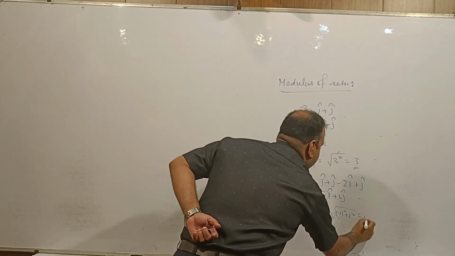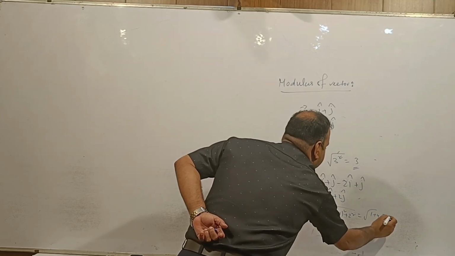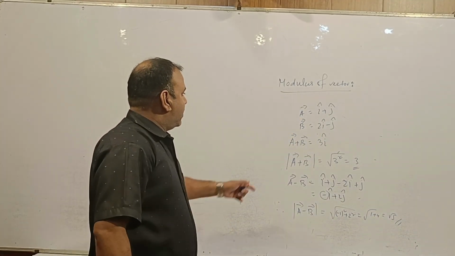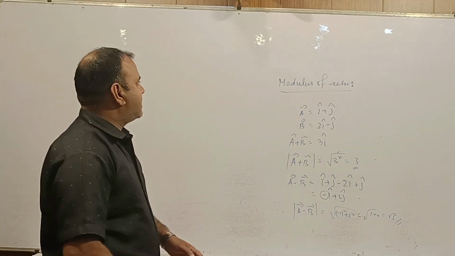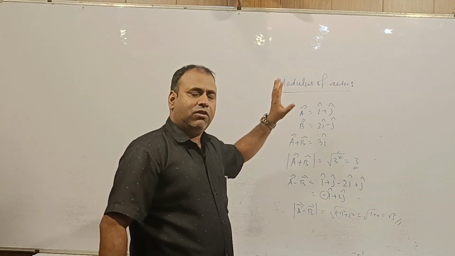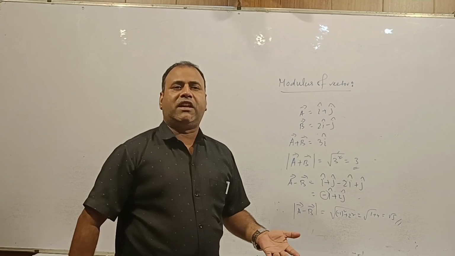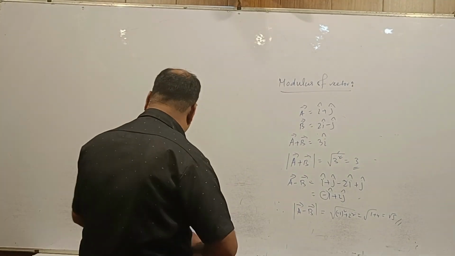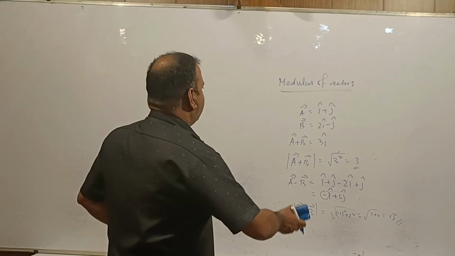That means under root 1 plus 4 is equal to under root 5. So this is the result. This is the idea about the modulus of vectors. So students, remember, in this way whatever numericals we have given to you, you can easily solve in this process.